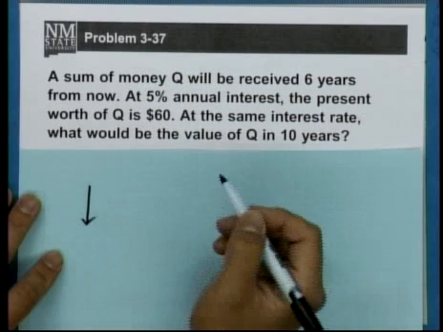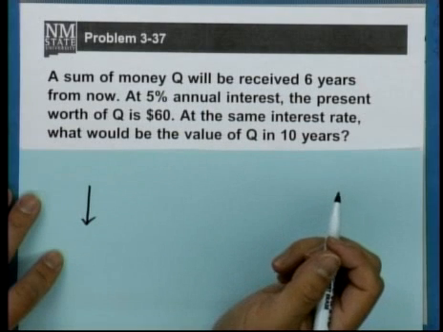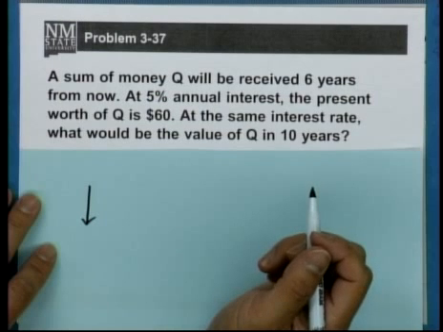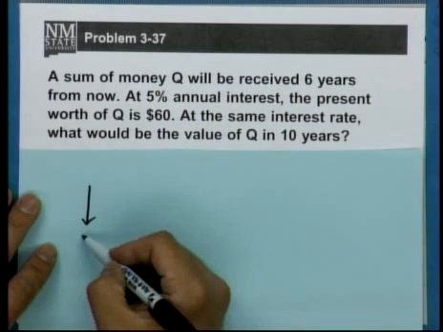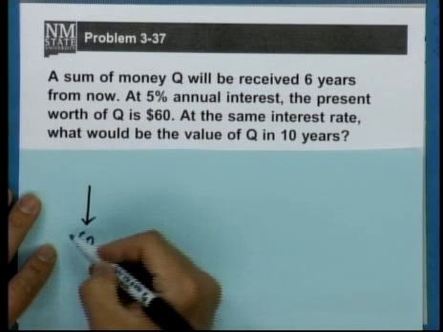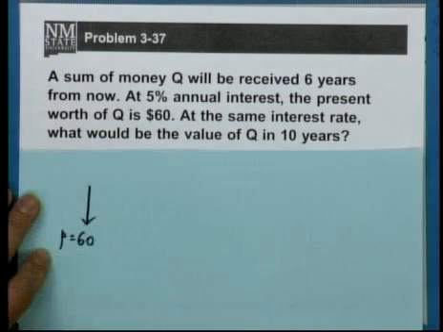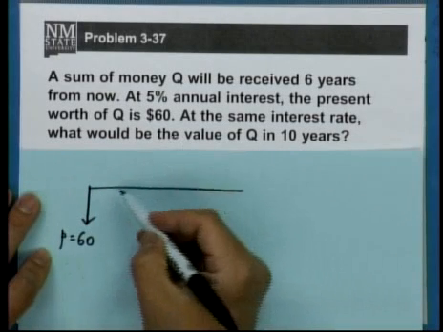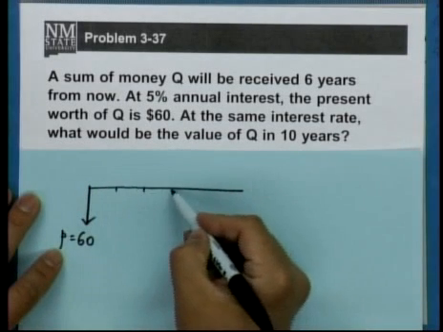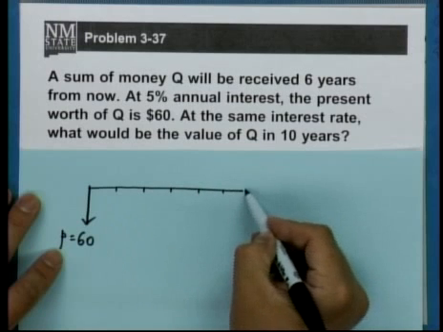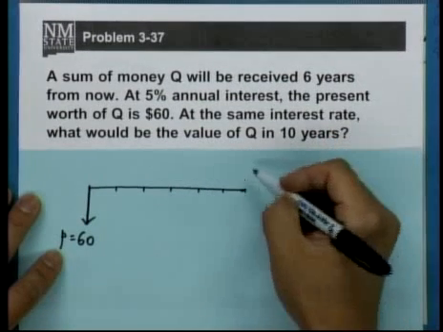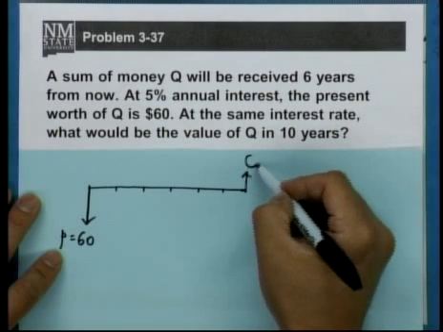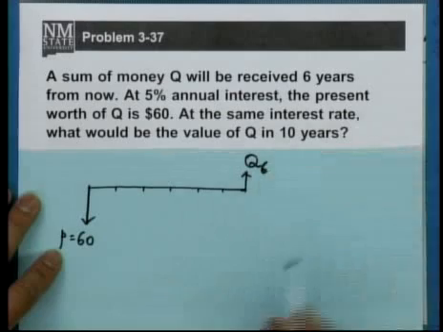So here, the present sum of money is $60, right? So P is 60. And after 1, 2, 3, 4, 5, 6, after 6 years, so let's say it is Q sub 6, okay?